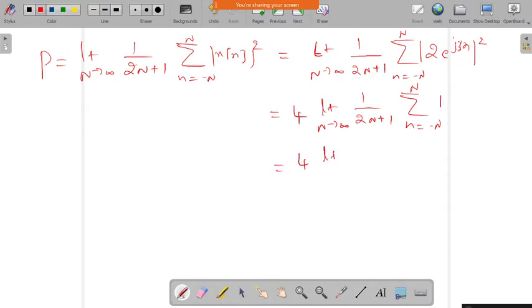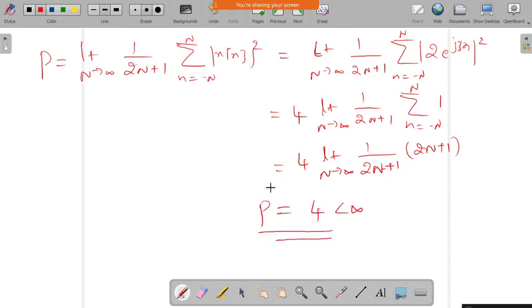So now evaluate this one, so we are going to get 2N plus 1 into 2N plus 1. Okay, so now the 2N plus 1 will cancel each other, so we are going to get the power value as 4, which is less than infinity.